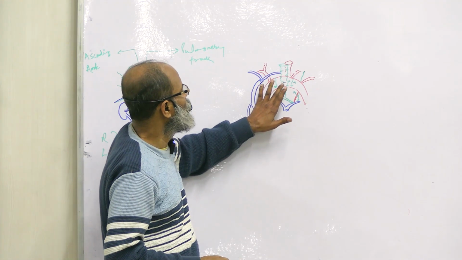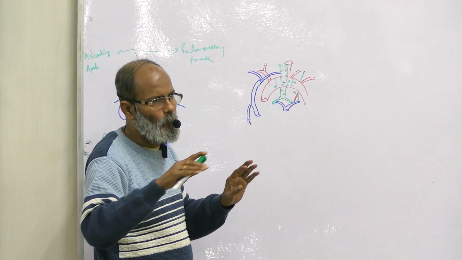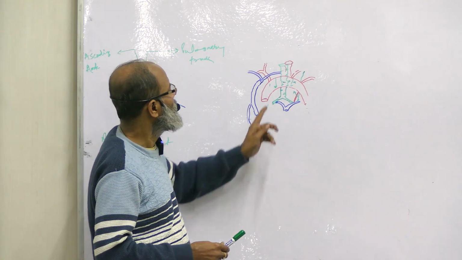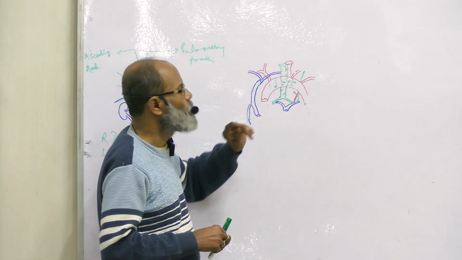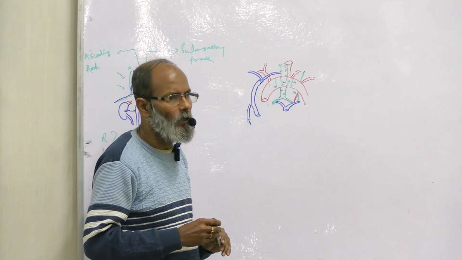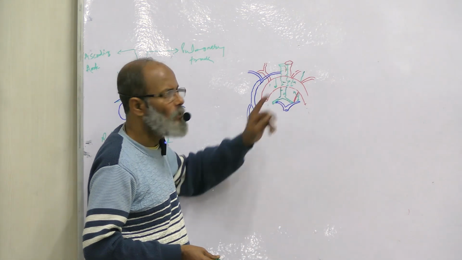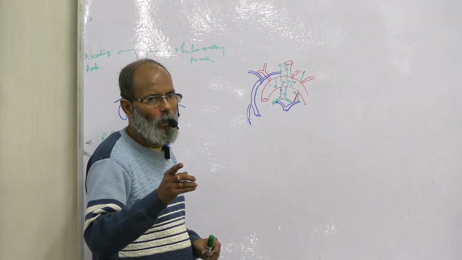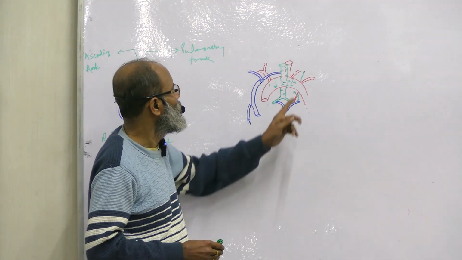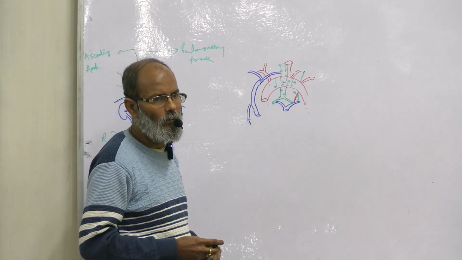I put 1, 2, 3 and 4: 4 structures over the arch of aorta. Number 1, this one is the left phrenic. Then the superior cervical cardiac branch of vagus, inferior cervical cardiac branch of left sympathetic, then the left vagus.